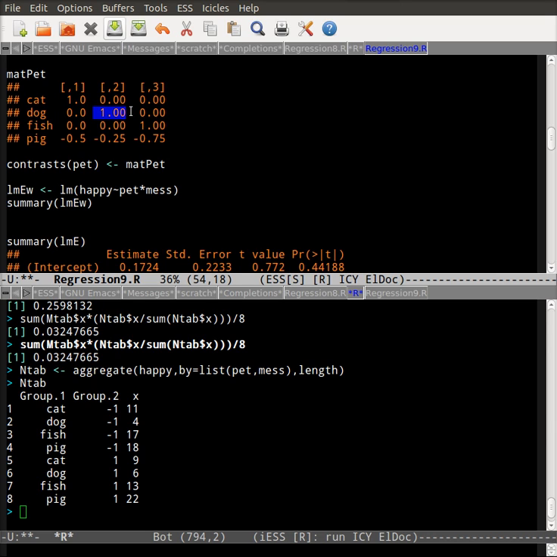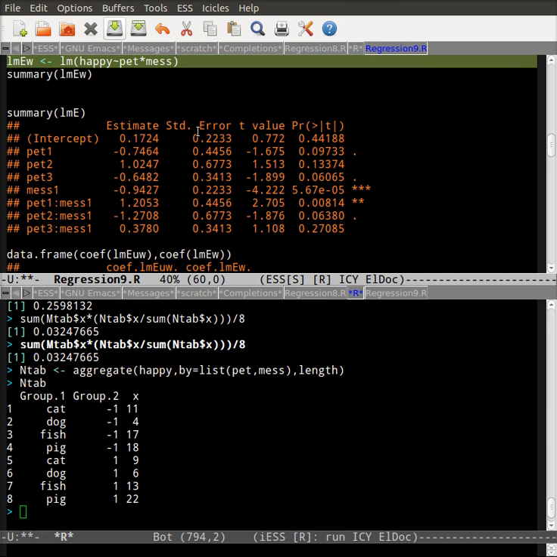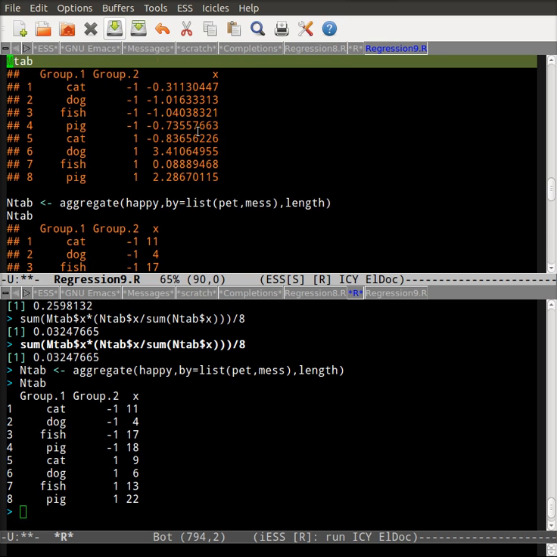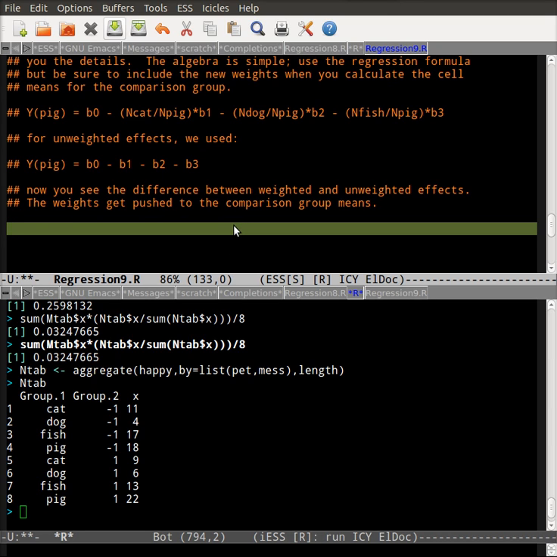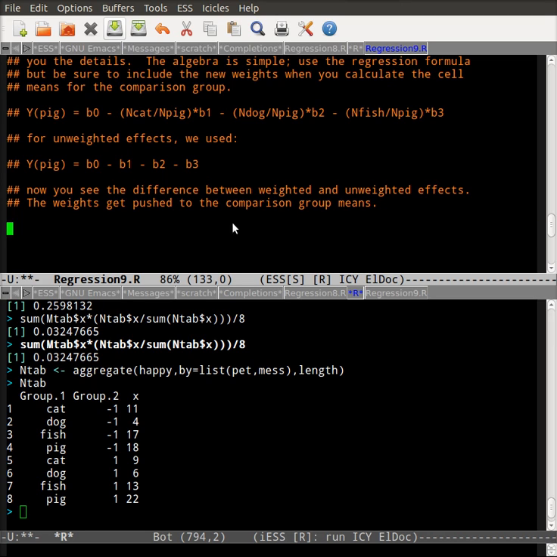Similarly my dog gets a 1 and fish gets a 1. So all of those effects remain unblemished. All of the weights go into calculating the estimated effect for pig. So remember that when we're using weights, all of the weighting goes into the comparison group. And that's a very important part of distinguishing between weighted and unweighted effects, or effects coding.